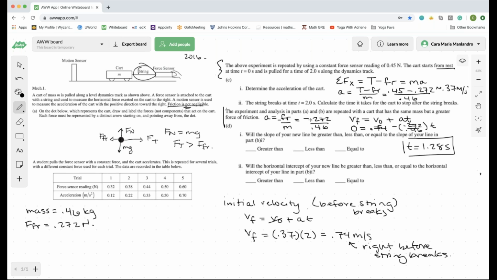All right. The experiment analysis in parts A and B is repeated with a cart that has the same mass but a greater force of friction. So, what will the slope of the new line be? Does anybody want to chime in?